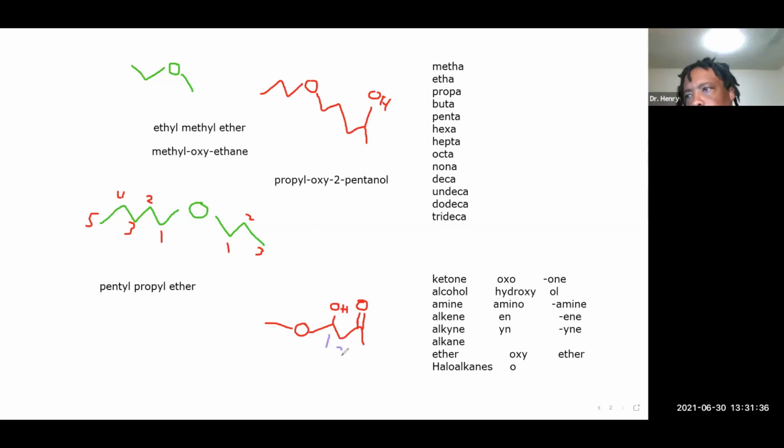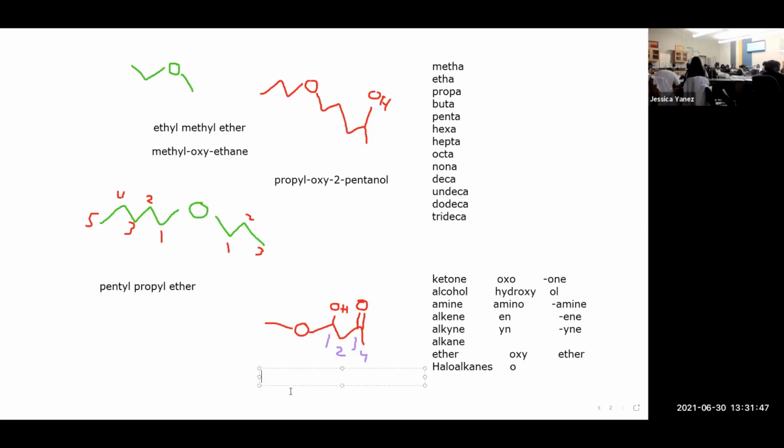So 1, 2, 3, 4. So what is a 4-carbon chain? Butyl. Okay, so we have buta, and it has, okay, buta 3.